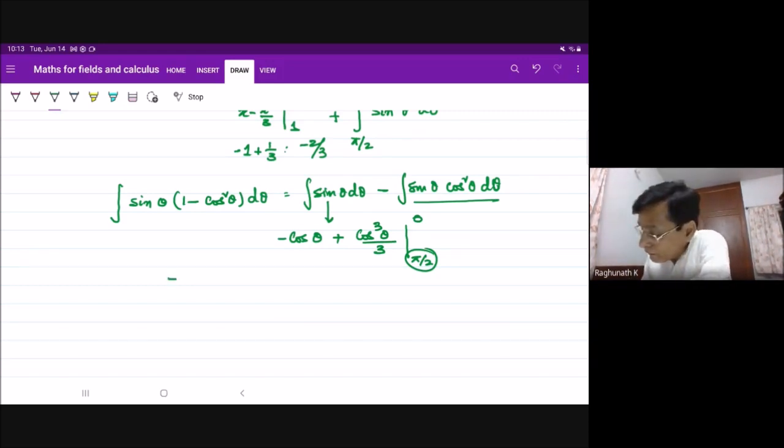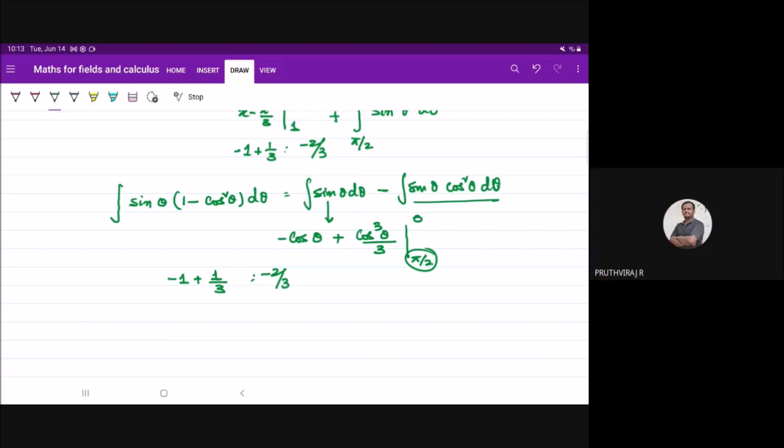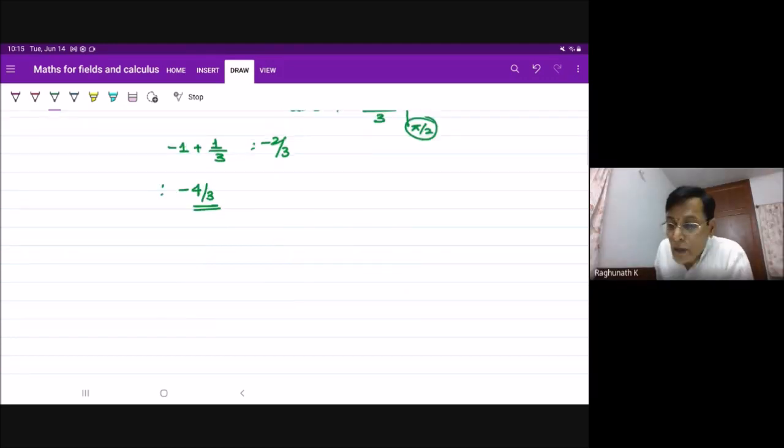Minus 1 plus 1 by 3 is 1 more, minus 2 by 3. Because of which the overall function is minus 4 by 3. That is the answer. Next one.